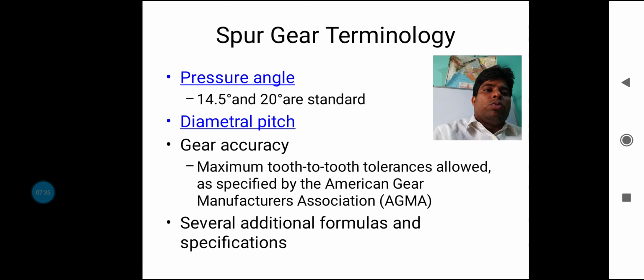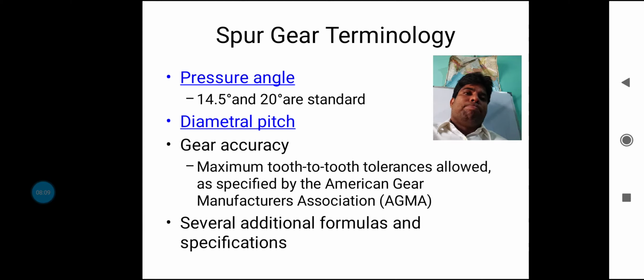When two gears are connected, suppose one shaft center to the other shaft center, that distance is called the center distance. That means in spur gear cases, the two gears are on two separate shafts, so the center to center distance of the two gears is called the center distance.